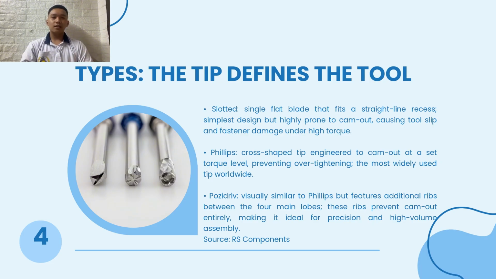Finally, the Pozidriv looks similar to Phillips, but adds extra ribs that prevent cam-out, making it ideal for precision and high volume assembly.